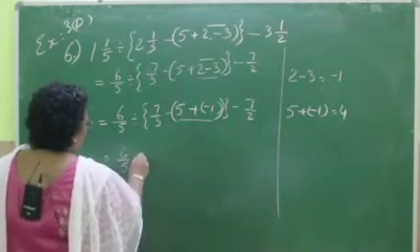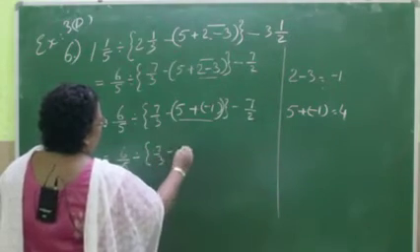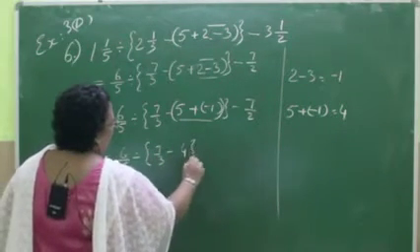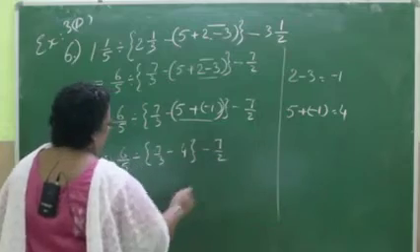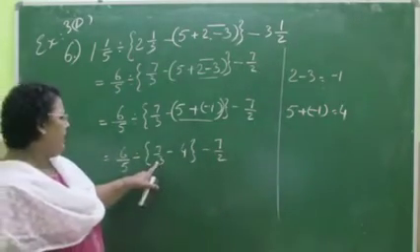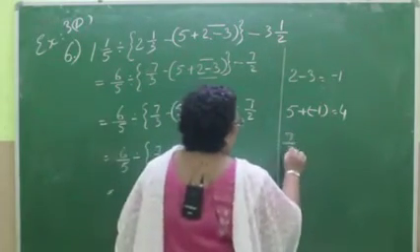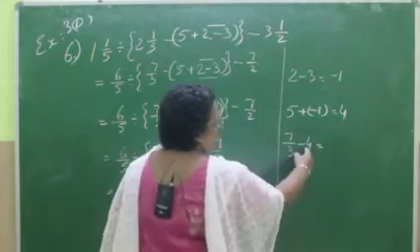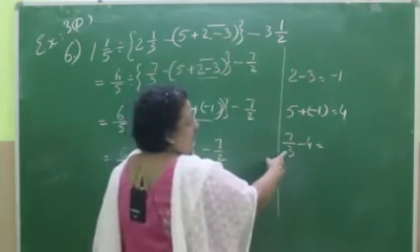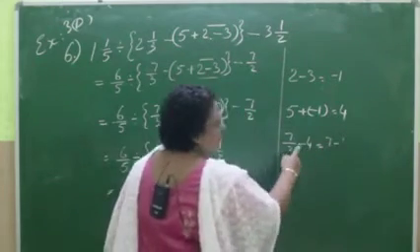6 by 5 divided by 7 by 3 minus 4 minus 7 by 2. Now here we have to do 7 by 3 minus 4. Okay, 7 by 3 minus 4. So 3 is the LCM here. So 7 minus 4 threes are 12.